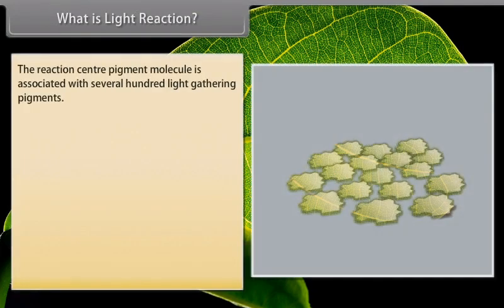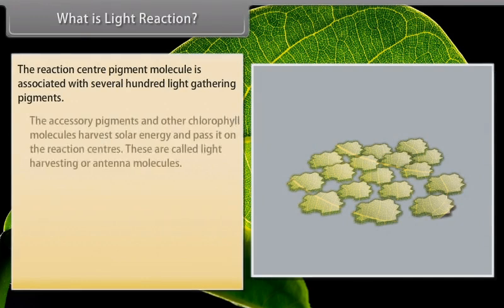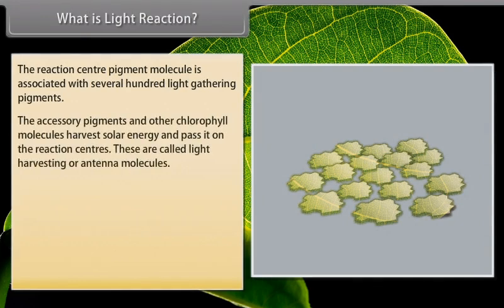The reaction center pigment molecule is associated with several hundred light-gathering pigments. The accessory pigments and other chlorophyll molecules harvest solar energy and pass it on to the reaction centers. These are called light harvesting or antenna molecules.